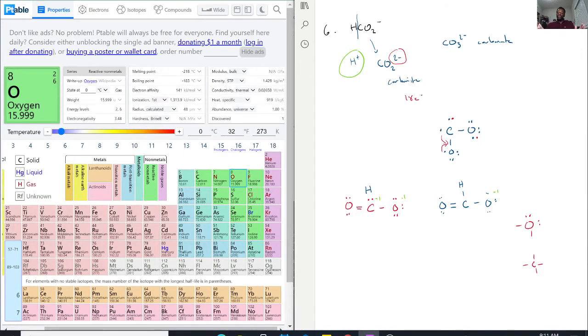And as you notice, the carbon no longer has a formal charge of -1, because now it satisfies its original net charge of 0, where it has 4 bonds and no lone pairs. So this right here would be the Lewis structure for HCO2 minus, the formate ion.